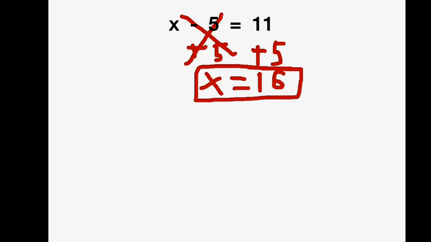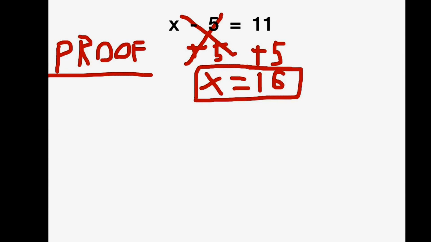So let's do what I call a proof over here. The proof. So we need to just throw that x into the equation. So 16 minus 5 equals 11. Is that true? I don't know, let's see. 16, 15, 14, 13, 12, 11.